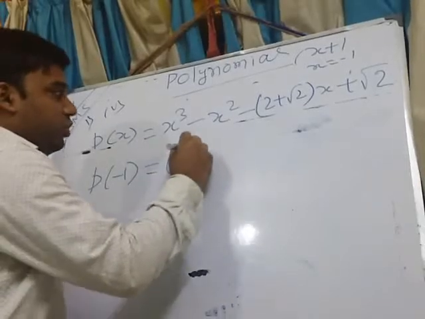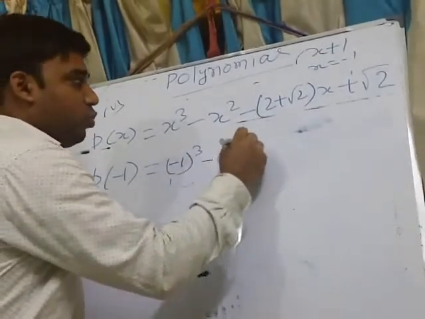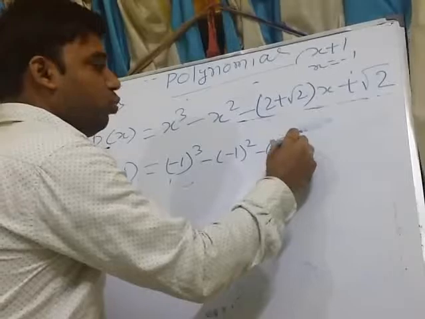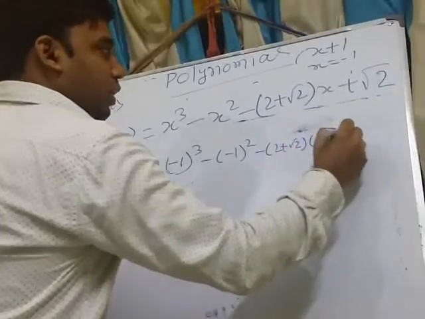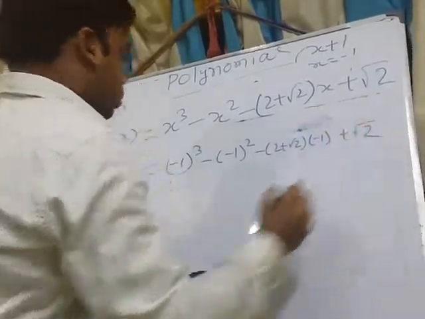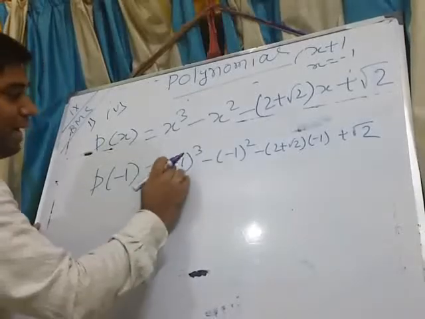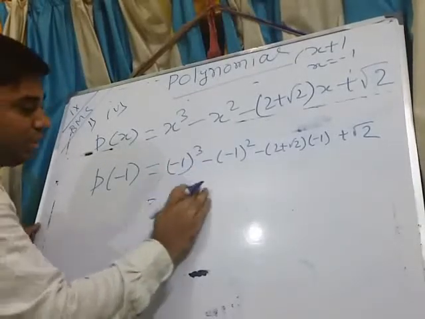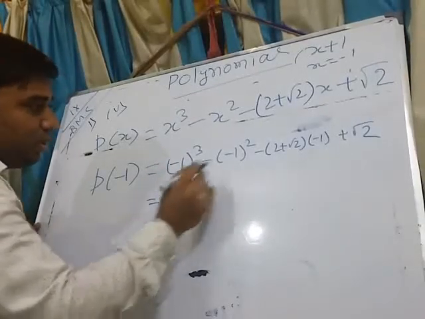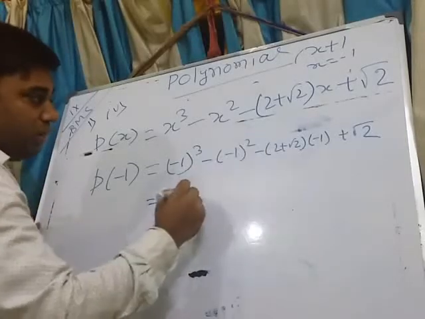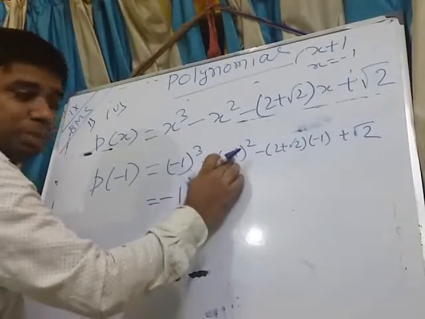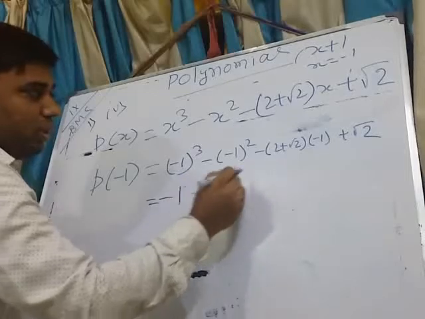Minus 1 cube minus 1 square minus 2 plus root 2 times minus 1 plus root 2. Minus 1 to an odd power, the result will be negative, so minus 1. Minus 1 square is plus 1. Plus 1 minus 1.